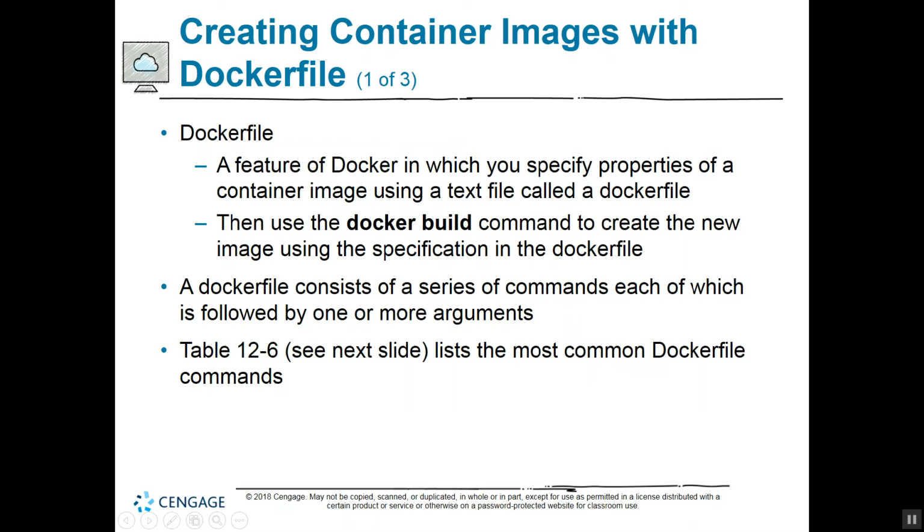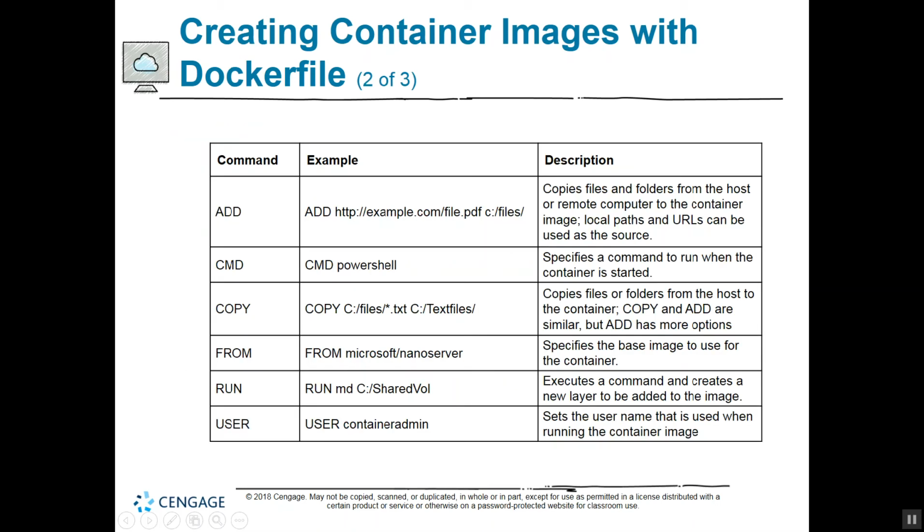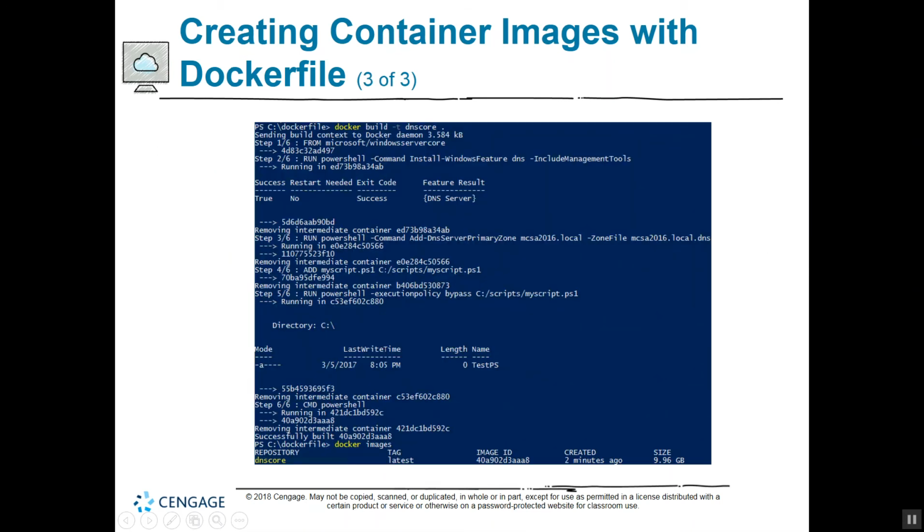Then you use the docker build command to create the new image, and it takes that Dockerfile and the information in it to create that customized container. So we've got ADD, CMD, COPY, FROM, RUN, USER. Here we are in PowerShell.